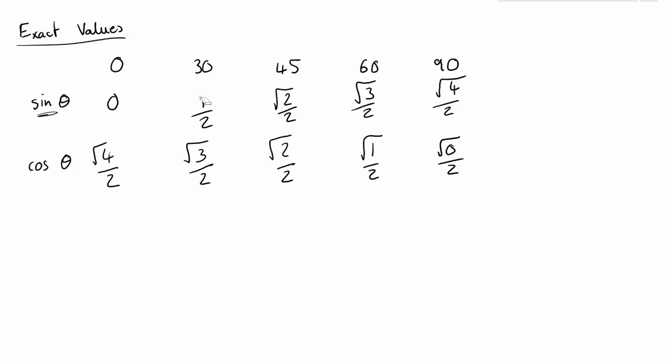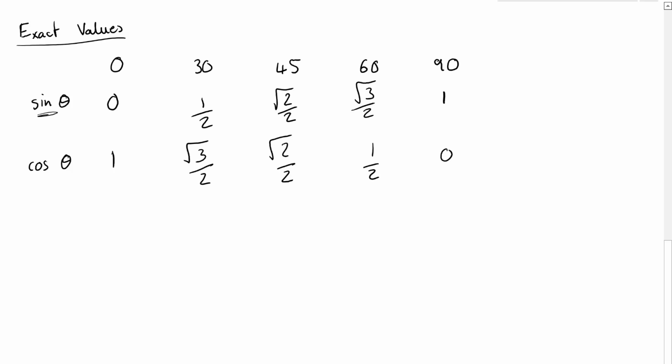I can't simplify root 3 either, but I know root 4 becomes 2, and 2 divided by 2 becomes 1. Okay? And so then you'll find that the pattern of going forwards in sine and backwards in cosine will be the same. So this 0 over 2 becomes 0, this root 1, and this over here becomes 1 here.